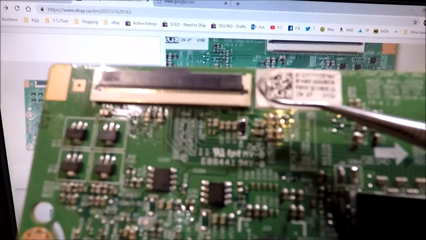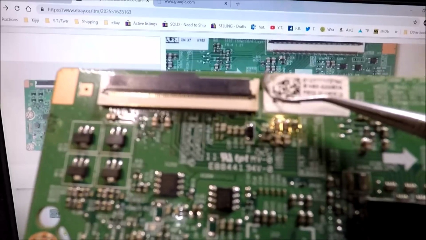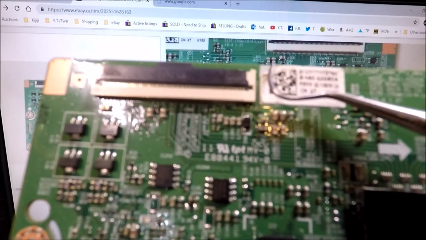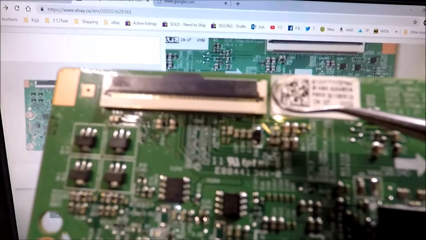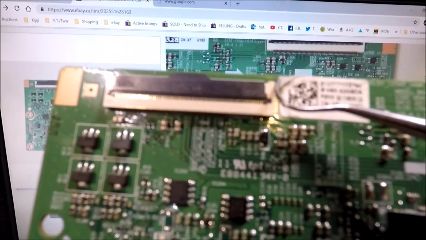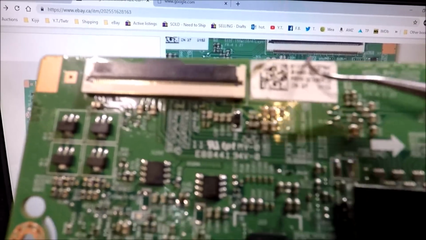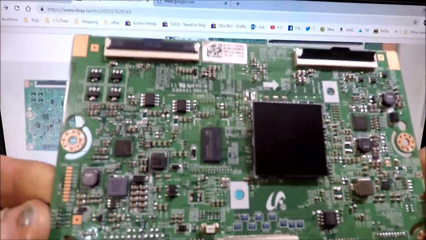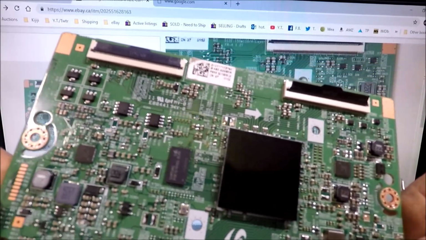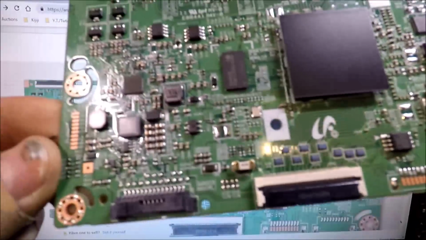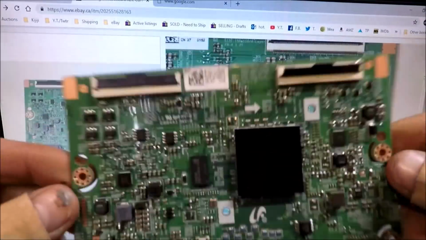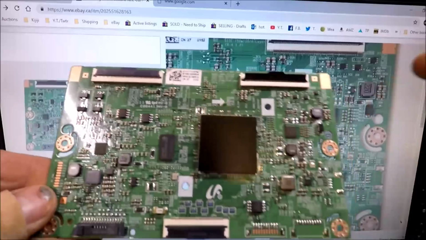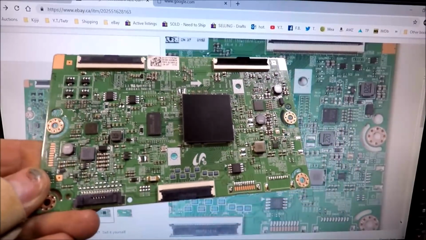See, it's kind of peeled up with his thumbnail, and there's some backing behind it. And this sticker doesn't really line up with the backing of the old sticker that's back there. There's nothing else on this board that I can tell. Every other number kind of matches up. But I can tell you 100% this is not my board. This is the board that came from his TV, and he's using mine.